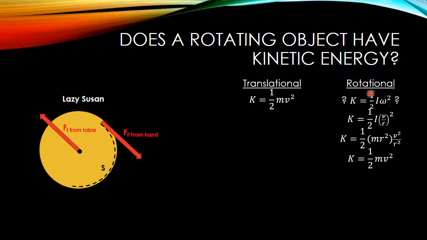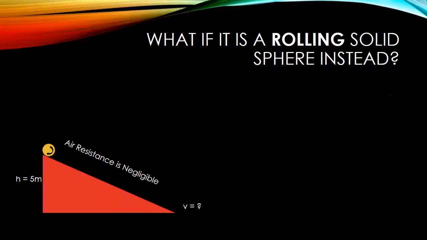Therefore, this equation comes from a true equation and is also true. Thus, we have the final equation, which will appear on your AP equation sheet, that kinetic energy also equals 1/2 I omega squared, where we use this version when we're doing rotational motion, and we use this version when we're doing translational motion.